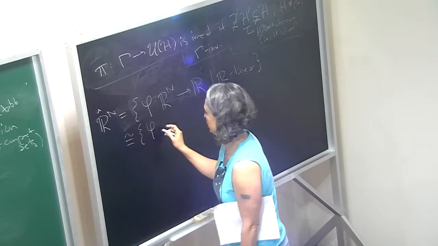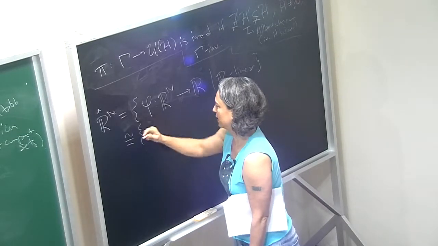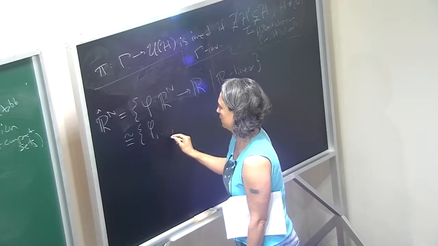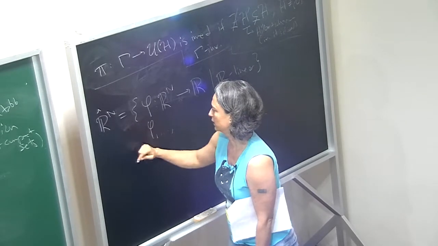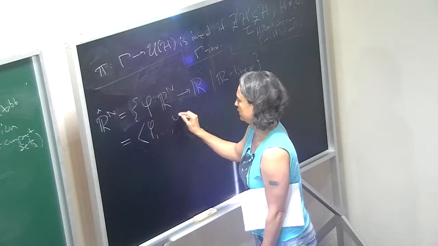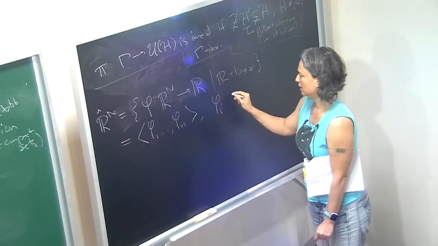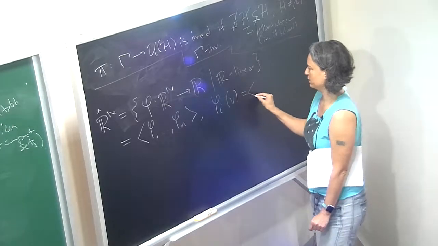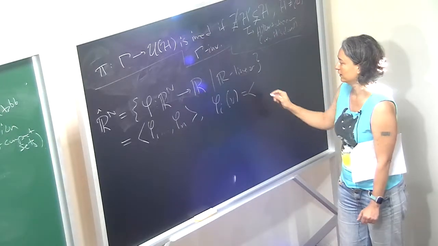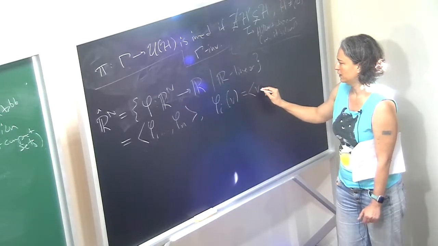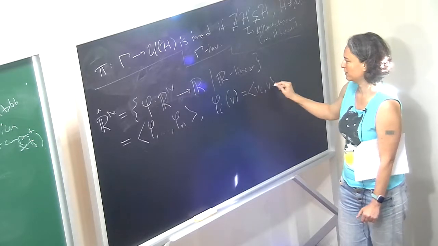this is generated by, let's say, phi1 to phi n, where phi j applied to a vector v is your favorite inner product of vj against v.